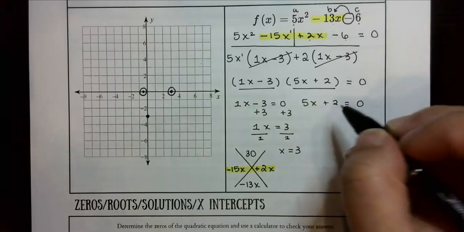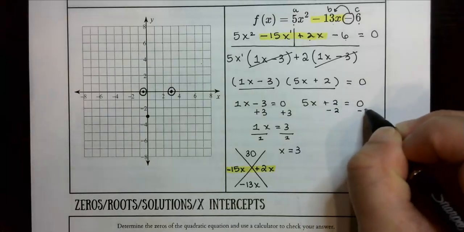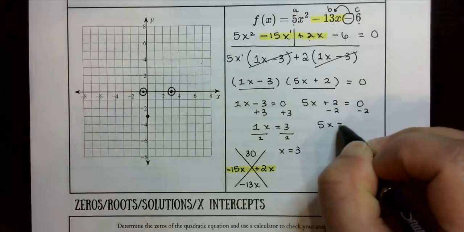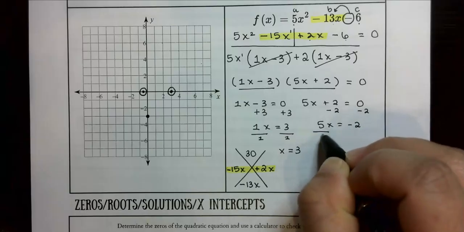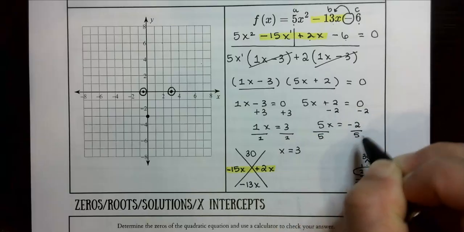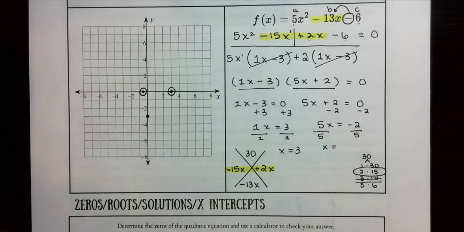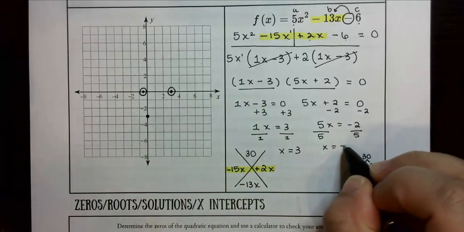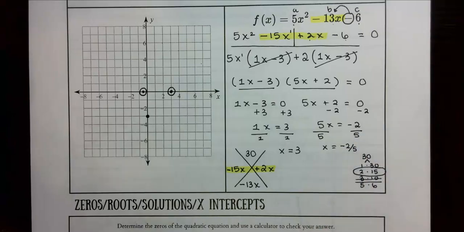And then the second one, we're going to subtract 2 from both sides and get 5x is equal to negative 2. We're going to divide by 5. And notice that 5 does not divide into a negative 2. So it's going to stay as a fraction, negative 2 over 5. Now, if you don't want to use the fraction, that's perfectly fine.